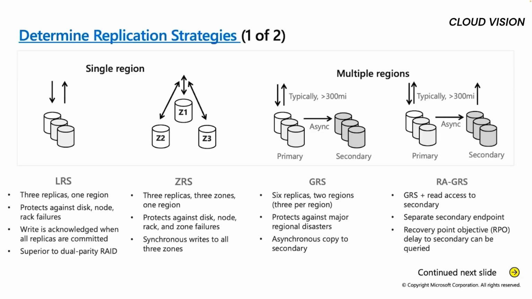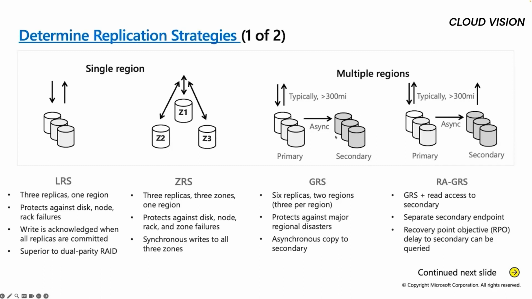If your region fails, you're protected as well, because if one region fails, the other region kicks in. There's a rule for it: these 2 regions must be physically more than 300 miles apart. Why? Because if any kind of natural disaster, such as an earthquake, flooding or fire, happens in one region, the other region is available to serve the purpose, because it's more than 300 miles away.